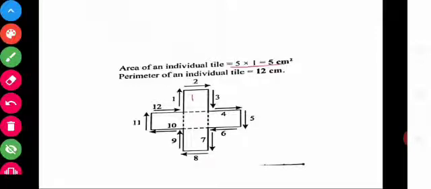So 5 into 1, since the area of one square of side 1 unit is 1 square unit. So 5 ones is equal to 5 centimeter square. Perimeter of an individual tile. Count the sides. 1, 2, 3, 4, 5, 6, 7, 8, 9, 10, 11, 12. So the perimeter of an individual tile is equal to 12 centimeter.